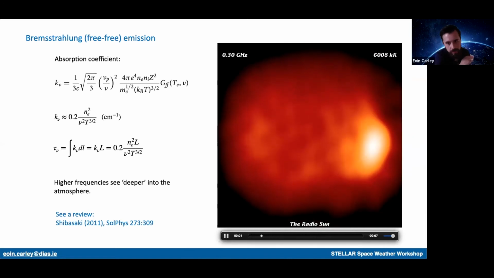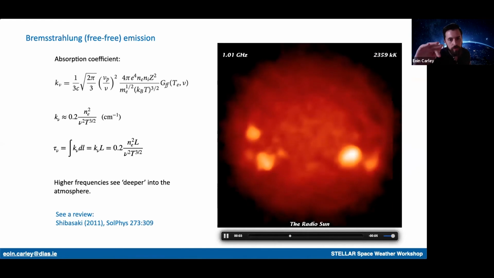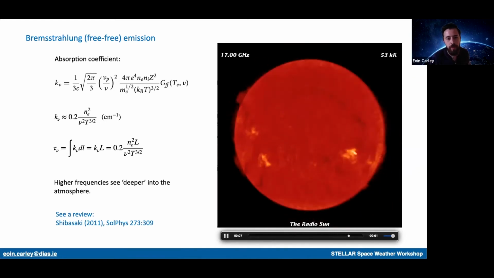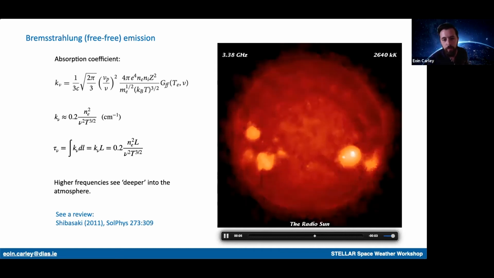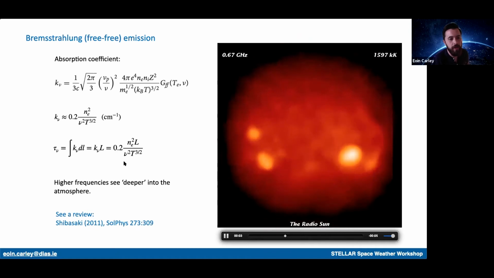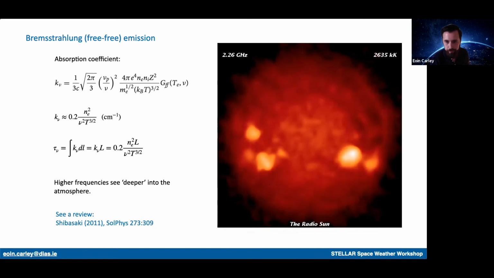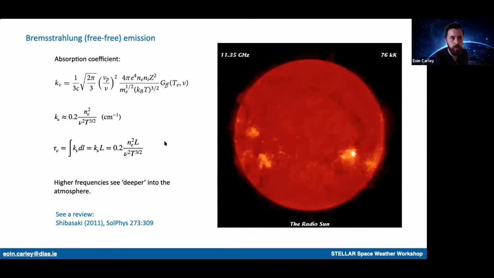In fact, the density ramps up at the chromosphere so much that we can't see past the chromosphere in the radio domain. So the radio will only ever get you to the chromosphere and never beyond, mainly because of the nature of free-free opacity in the solar atmosphere. I should say as well that this isn't the only source of emission and opacity in the quiet sun.